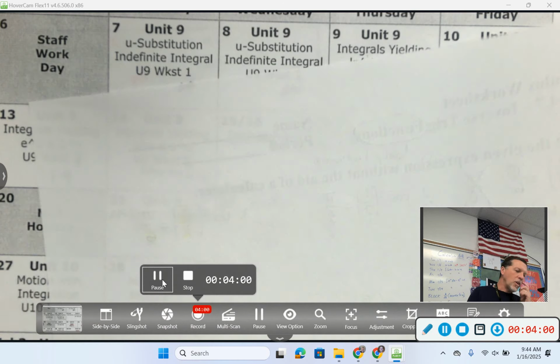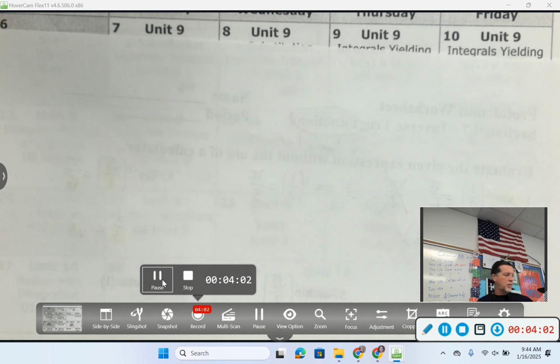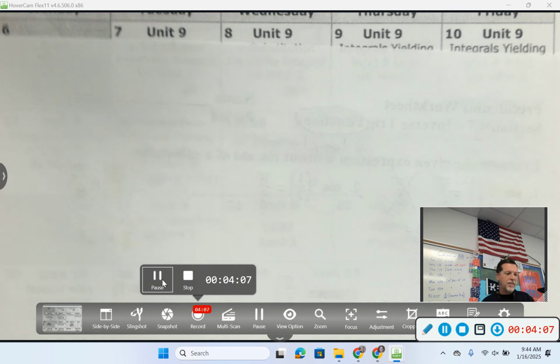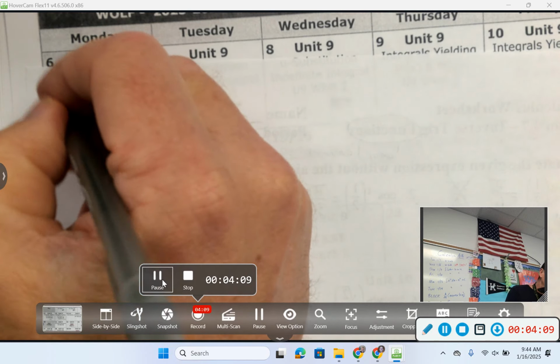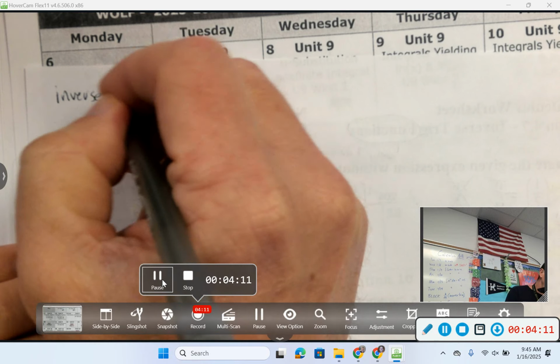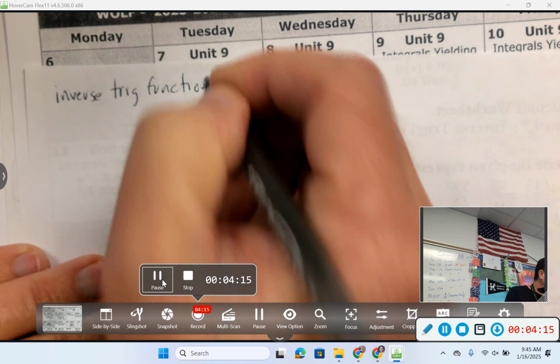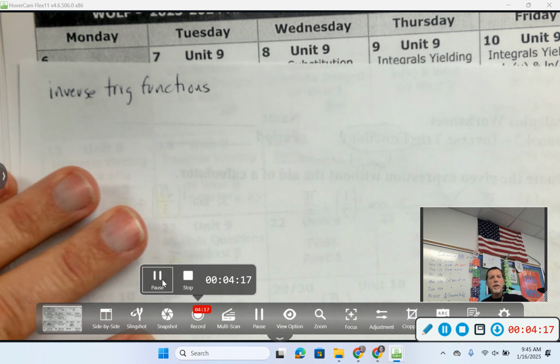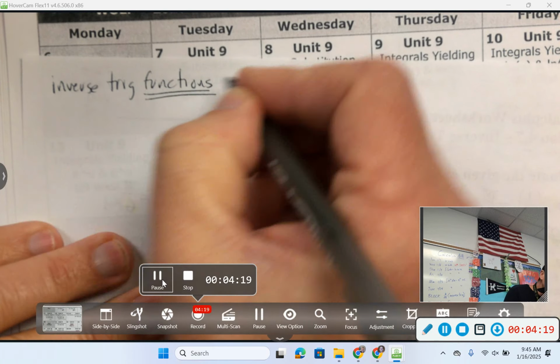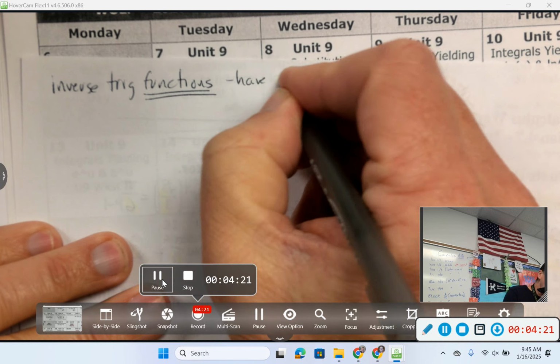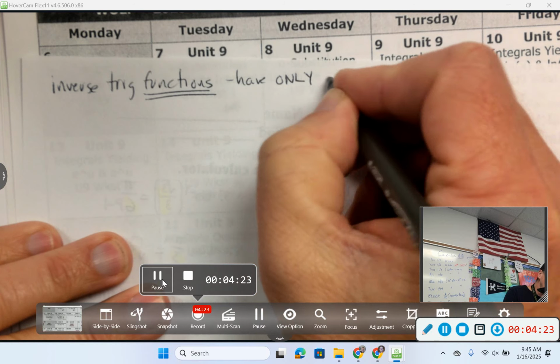Okay, let's flip this over and talk a little more in depth, because Ben was onto something there with that, wait a minute, isn't there more than one answer thing? Inverse trig functions, because they are functions, have only one answer.